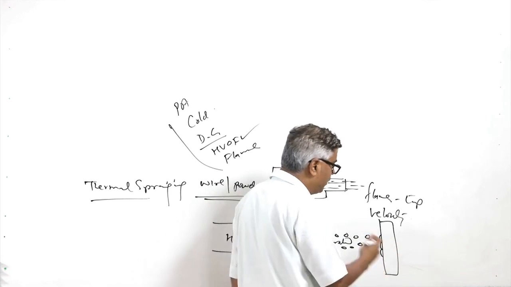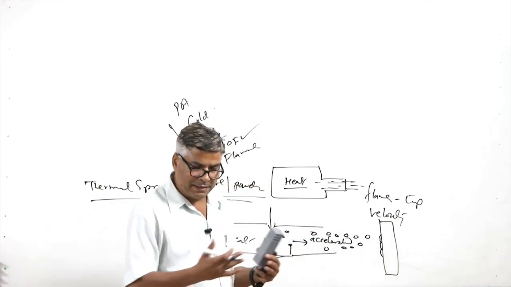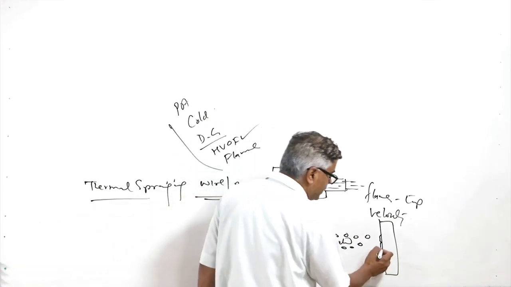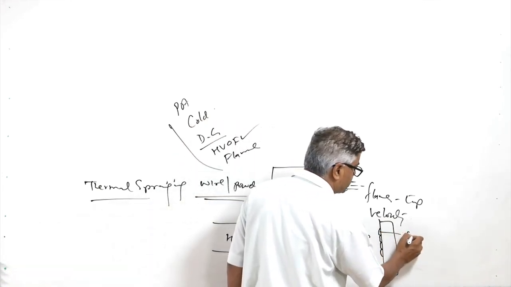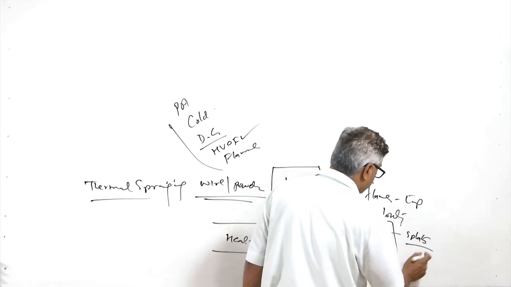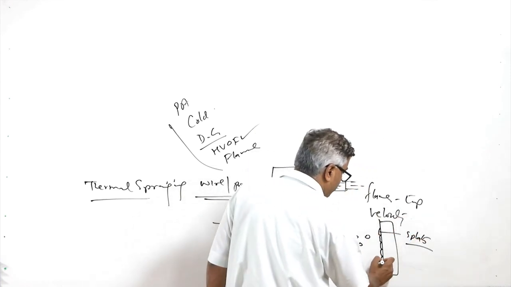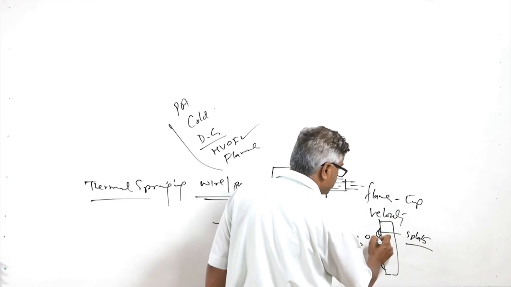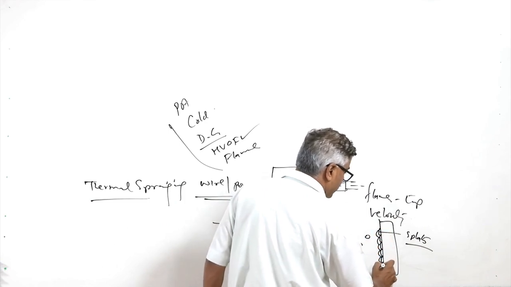If it is in the molten state, after flattening it will immediately solidify. This flattening leads to the formation of splats. So a number of splats are formed one over the other like this, and a layer of the coating is developed.